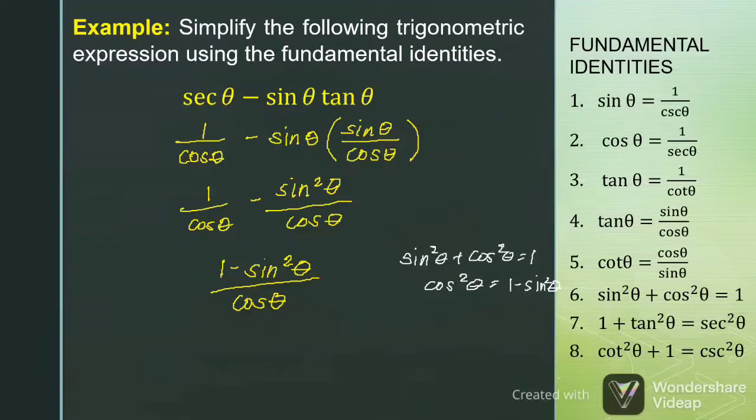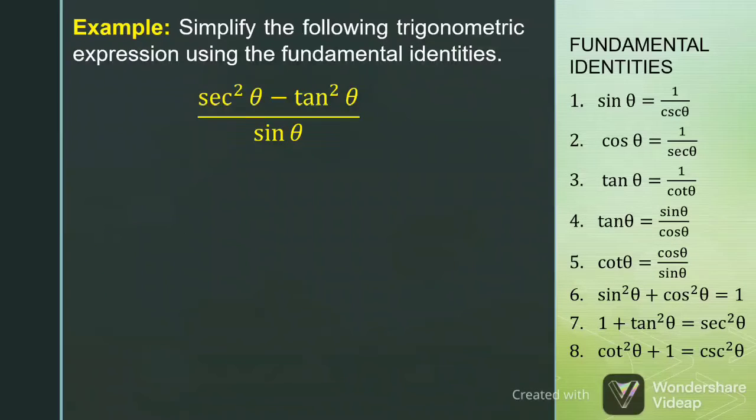So therefore, the value of 1 minus sine squared theta is cosine squared theta, all over cosine theta. And what is cosine squared divided by cosine theta? Subtract the exponents. So 2 minus 1, we have cosine theta. So therefore, the simplified form of the given trigonometric expression is cosine theta.